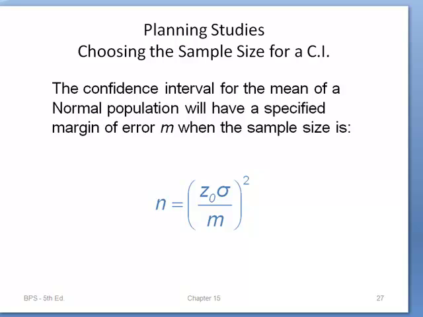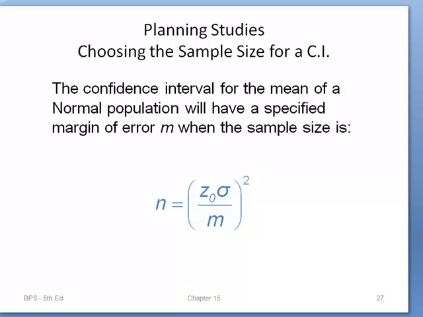Now we're going to talk about planning studies, choosing the sample size for a confidence level in which we want a specific margin of error. So in these problems, you're going to be asked to find the sample size such that a particular confidence level will have a particular margin of error. This is the formula that you would use.